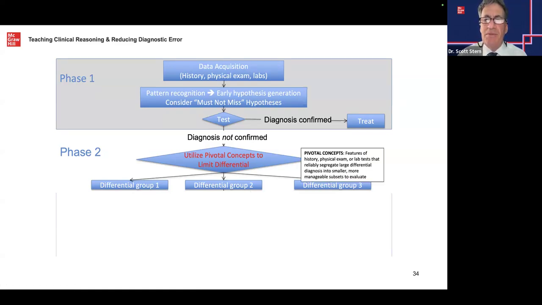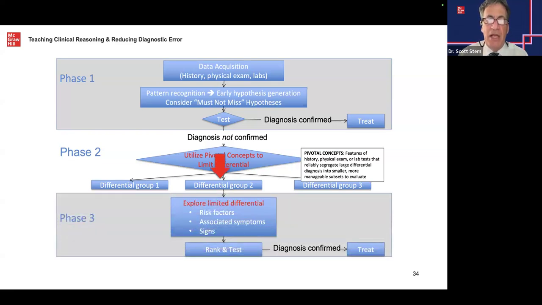What do I mean by pivotal concepts? Pivotal concepts are features of the history or the physical or the labs that reliably, that's an important word, reliably segregate a differential into smaller, more manageable subsets. Once we've done that on the subset, we can then focus on those diseases in detail.